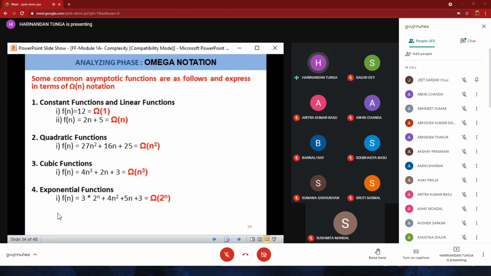Zero seems possible. Yes, 0. 0 is the minimum threshold, n greater than or equal to 0.